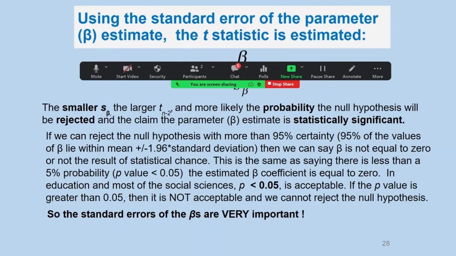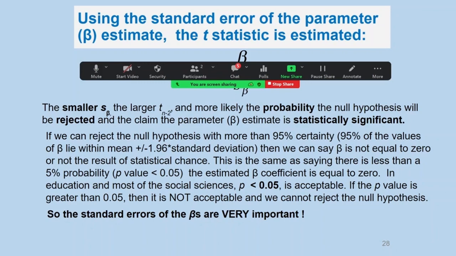The smaller the standard error, the larger the t, and the more likely the null will be rejected. And we can make the claim that the parameter is statistically significant.